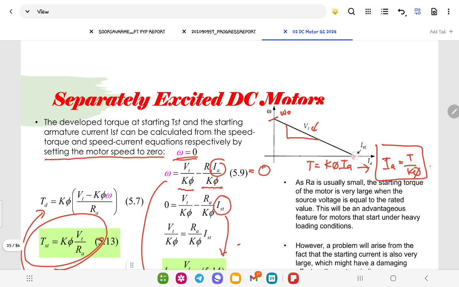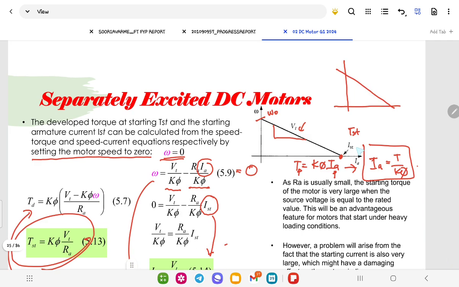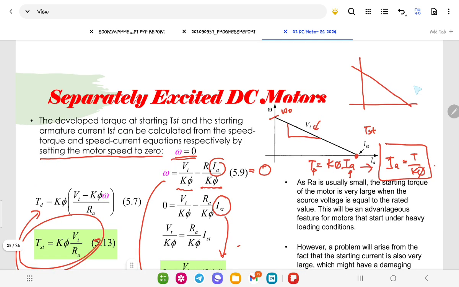And this is your starting current, as well as TST, because we know that torque and current have a directly proportional relationship for a DC motor. So when torque increases, current will also increase. So when we mention its figure, it will share the same characteristic between current and torque.